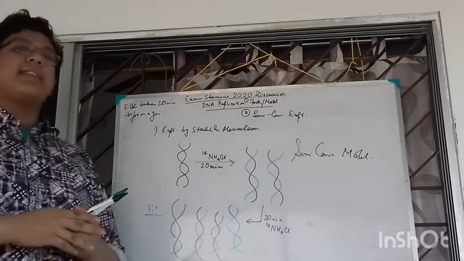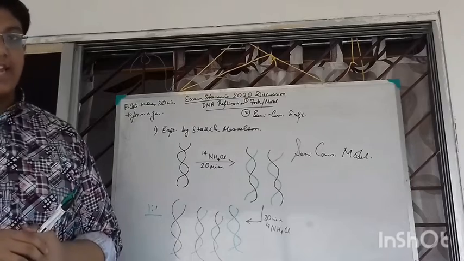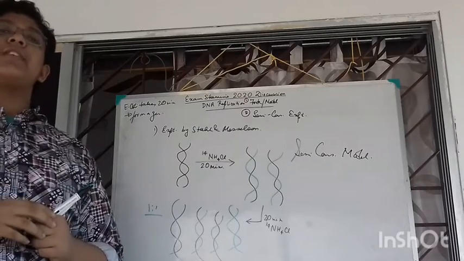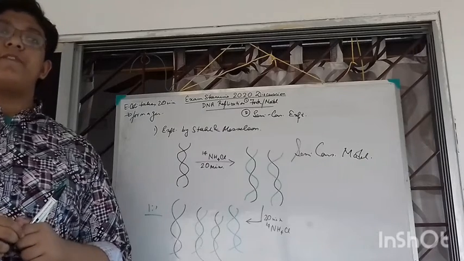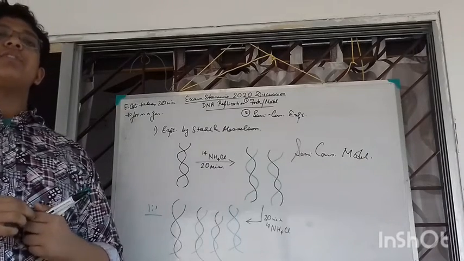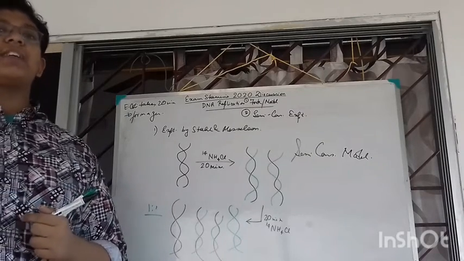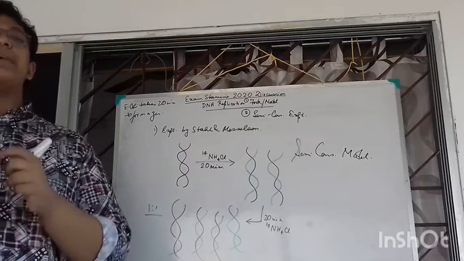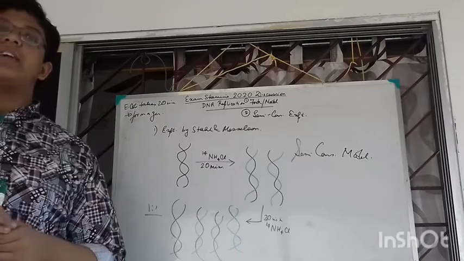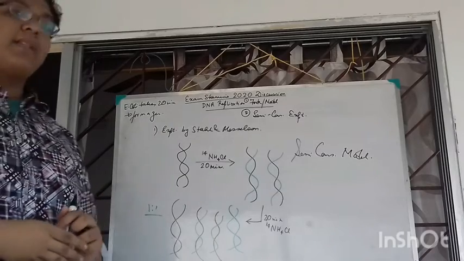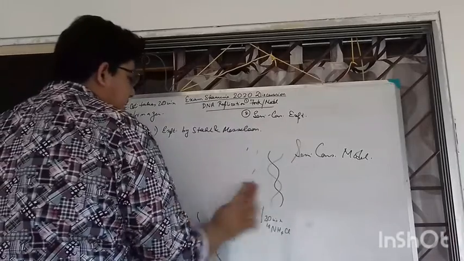You will write the answer like this: nitrogen is a very important component of DNA. 15N being a heavier isotope of nitrogen was utilized so that the lighter and the heavier nitrogen can get incorporated into the DNA and can be easily separated using a cesium chloride gradient. Like this you will frame the answer. So this proves the semi-conservative model.